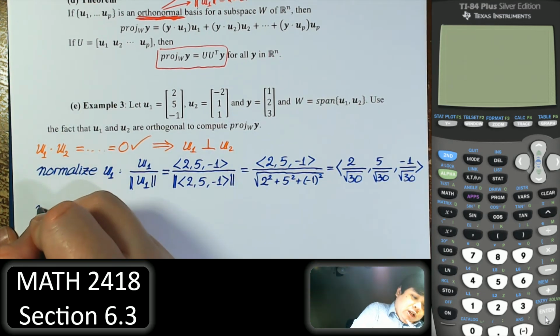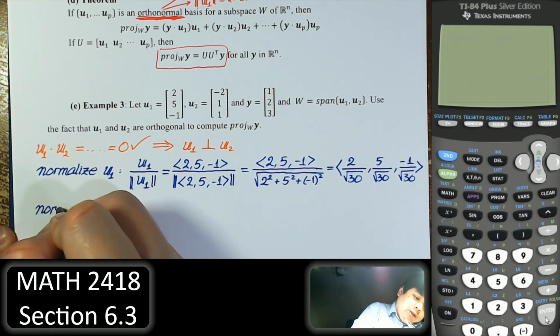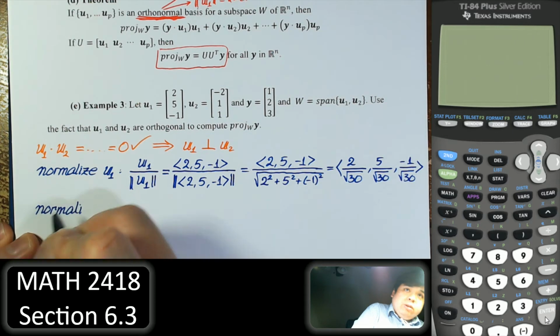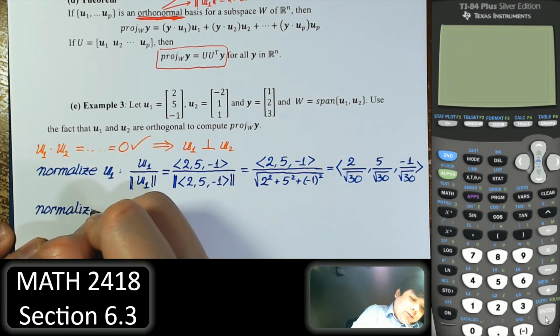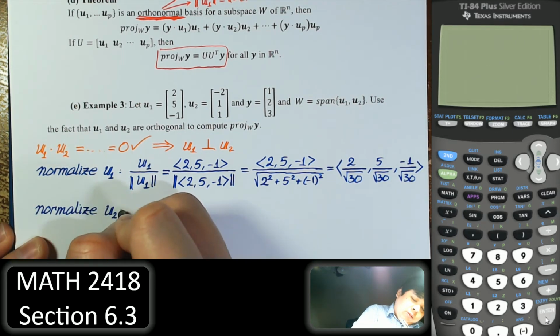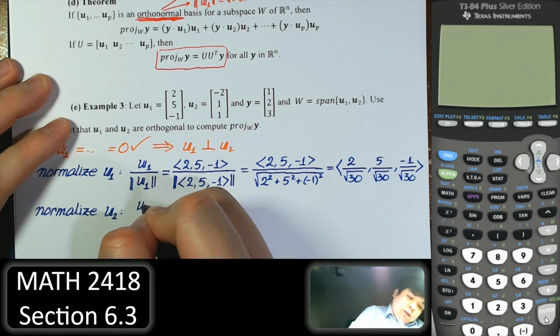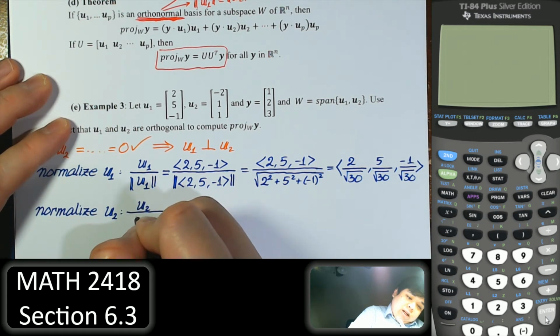Now we normalize u2. So u2 over the magnitude of u2.